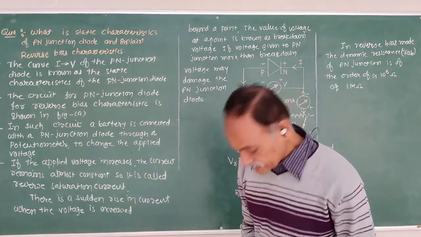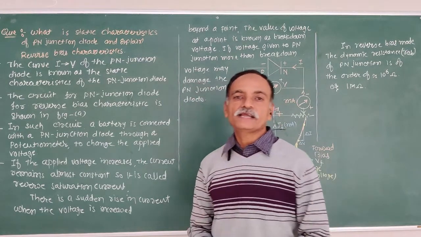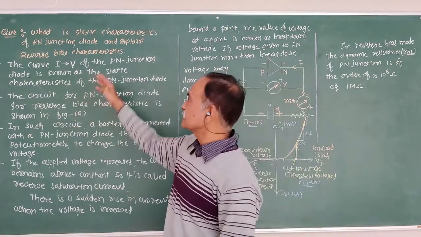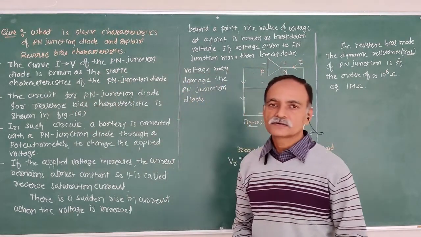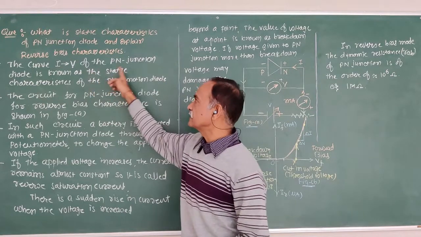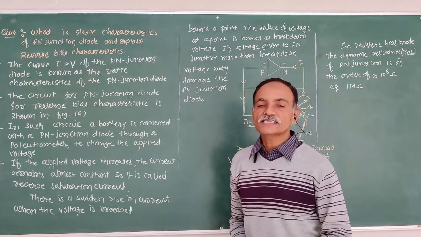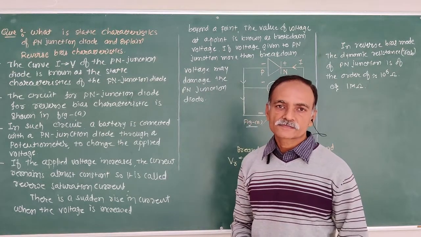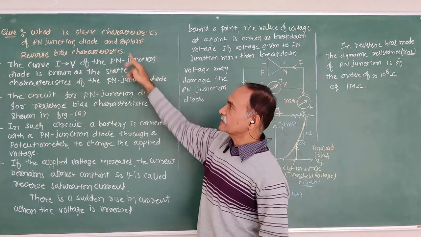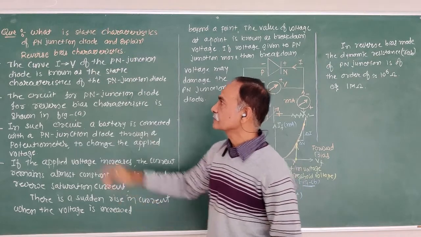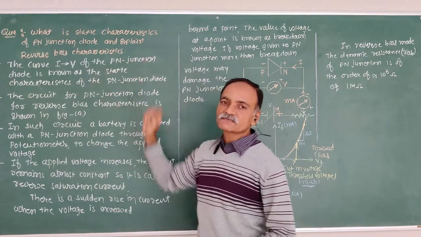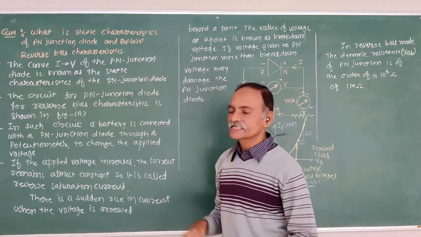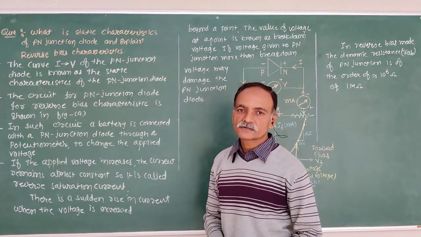First, what is the static characteristic? Already we discussed it in the forward bias characteristic. The curve of I versus V of the PN junction diode is known as the static characteristic of the PN junction diode.